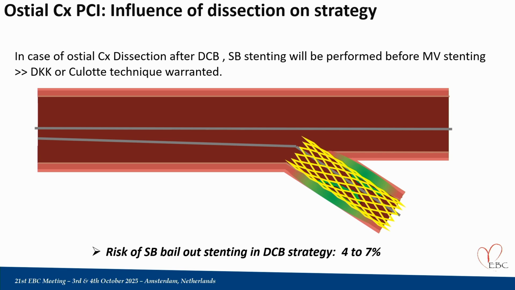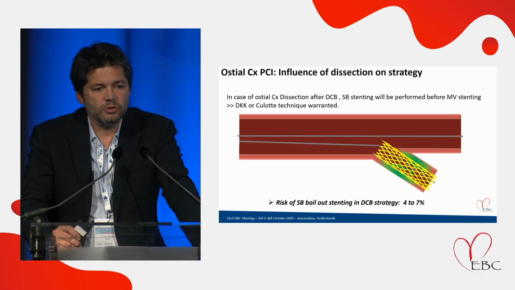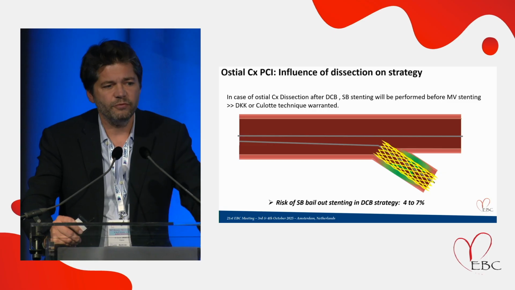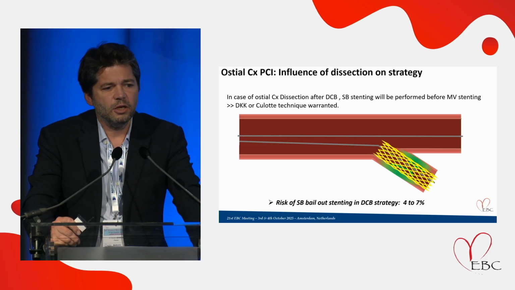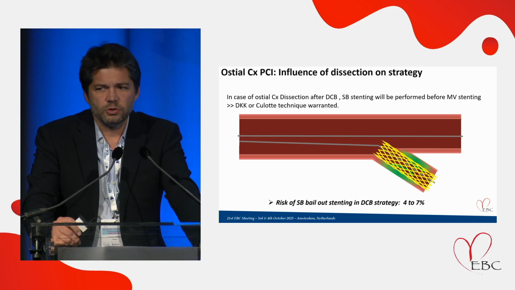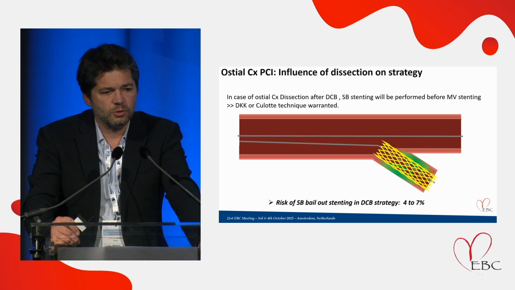According to the different papers, this risk ranges between 4 and 7%. And of course, in case you have a dissection in the ostial circumflex before treating the left main, I think it will be safer to go for DK culotte or inverted T-stenting, and so it will change your strategy, of course. So it means that you will end up with a two-stent strategy.